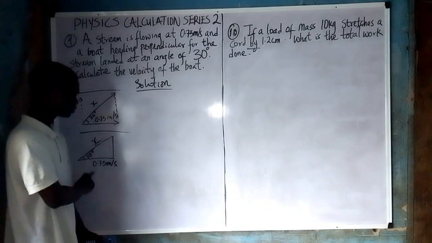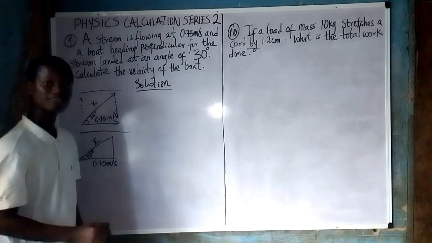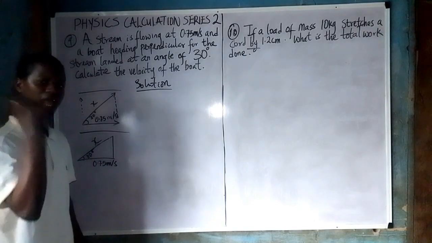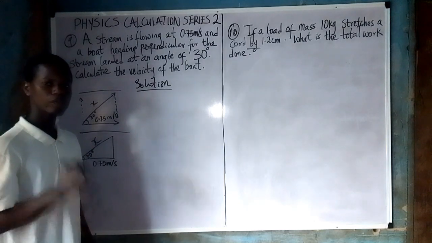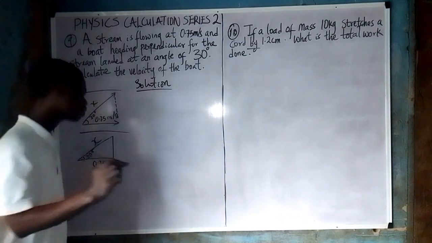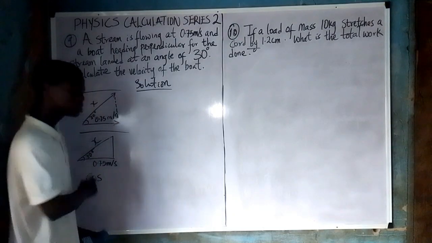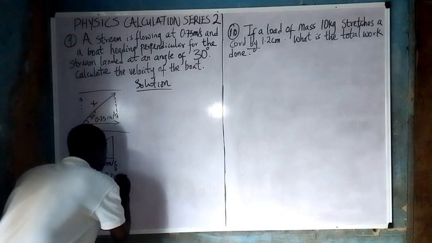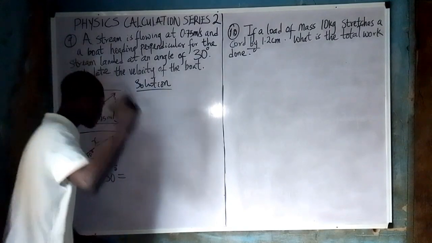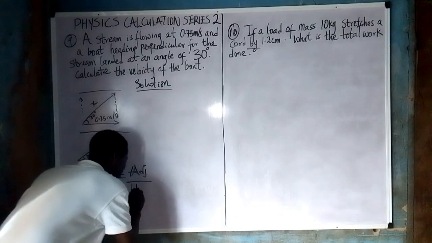X is the hypotenuse. Now, the side that is lying with the angle is the adjacent. So you have hypotenuse and you have adjacent. Which of the trigonometric ratios makes use of these two? The answer is cosine. So we say cos. What is the angle given? 30 degrees. So cos 30 degrees is equal to adjacent over hypotenuse.